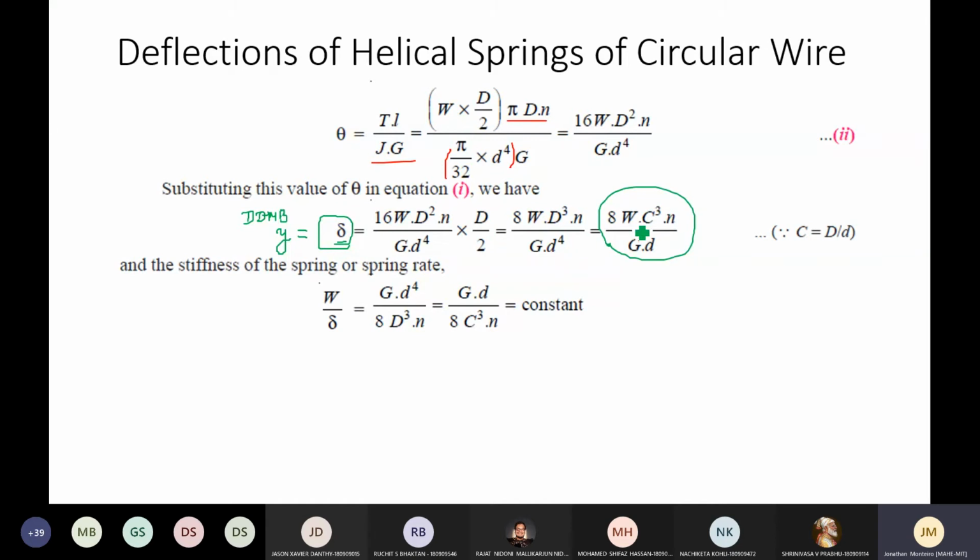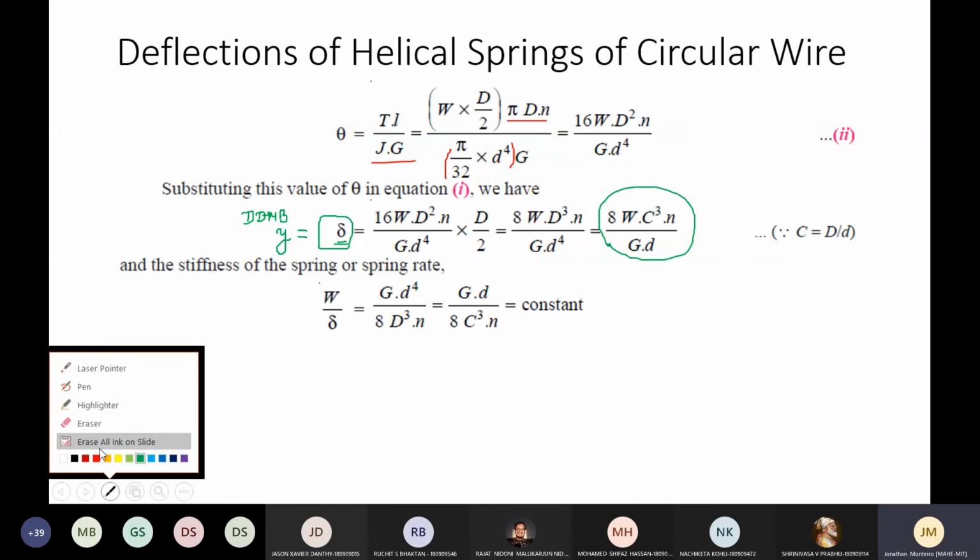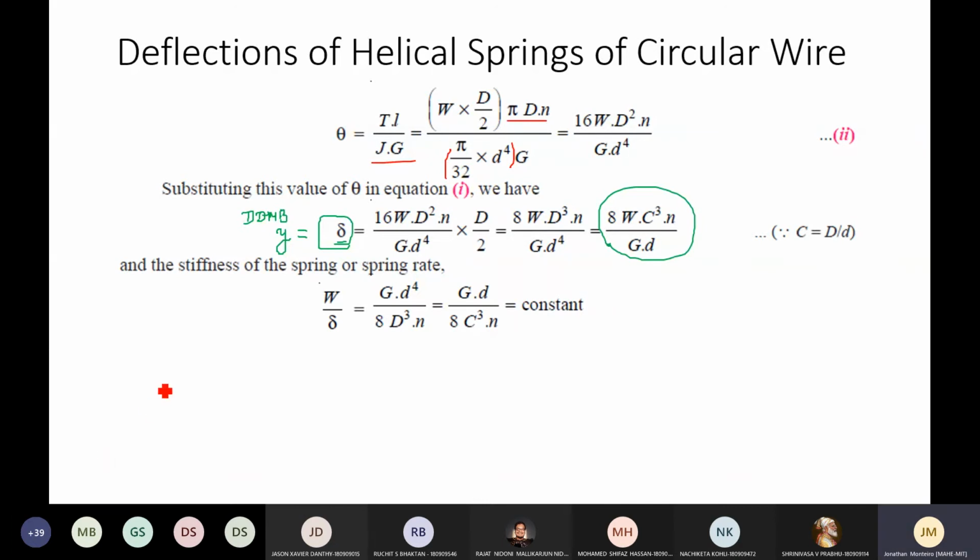Maybe because of the terminology we are having some issues, but we'll sort them out. 8WC cube n by GD. And this equation, let me just put it down here. I hope all of you already have the data handbook with you for your reference. So let me put it down here.